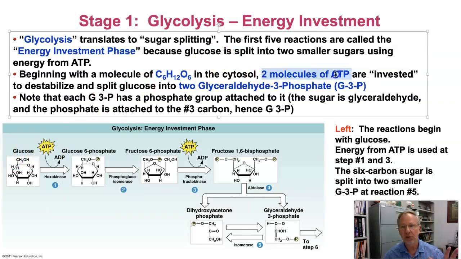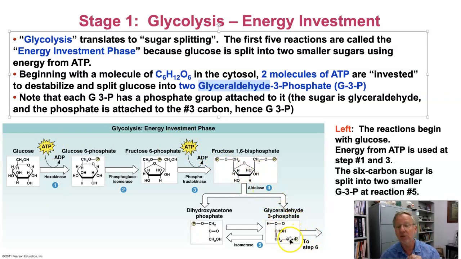2 molecules of ATP are invested to help destabilize our glucose and split it into 2 smaller sugars called glyceraldehyde. And that's what you see at the very end here before step 6, is this little molecule, a 3-carbon sugar called glyceraldehyde. And there's 2 of them. And each one of them has a phosphate group attached to it, phosphates that came from these ATPs.